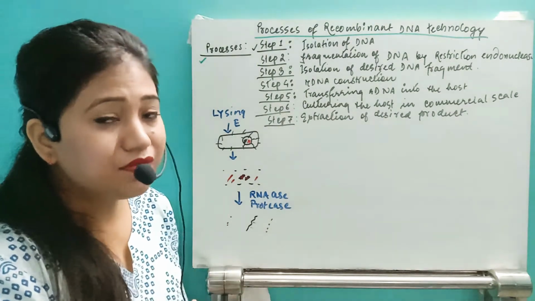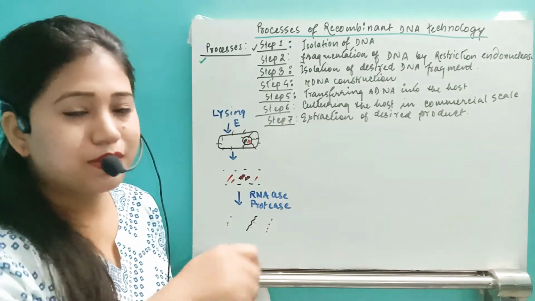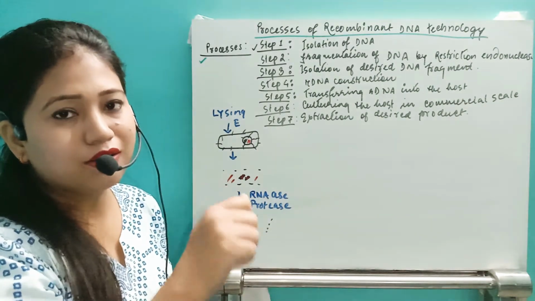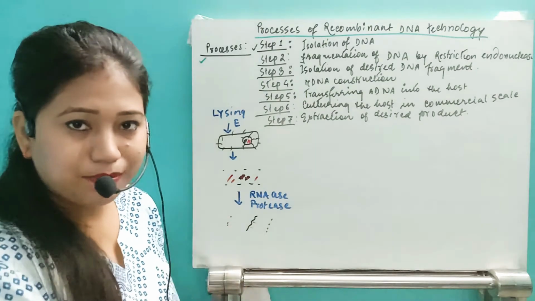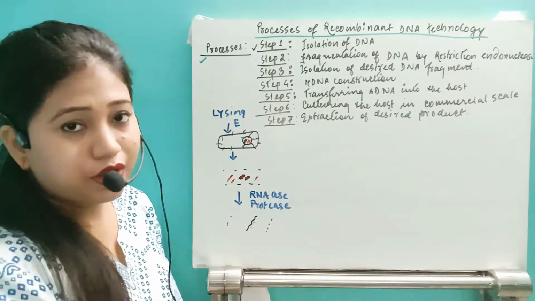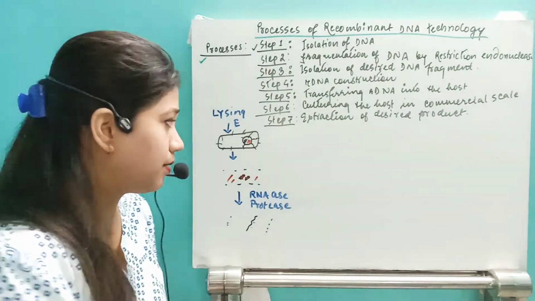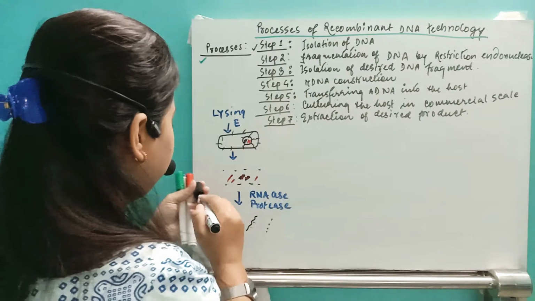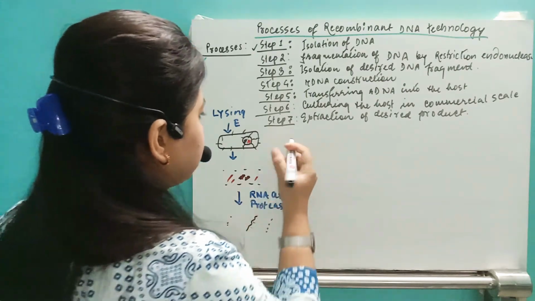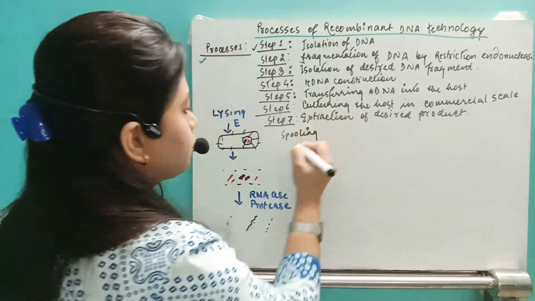Even after getting the DNA, we cannot separate it out, isn't it? It's not possible to separate it by utilizing a spatula. So for that process we have a technique, that is the spooling technique. After that we have the step, that is the spooling process.